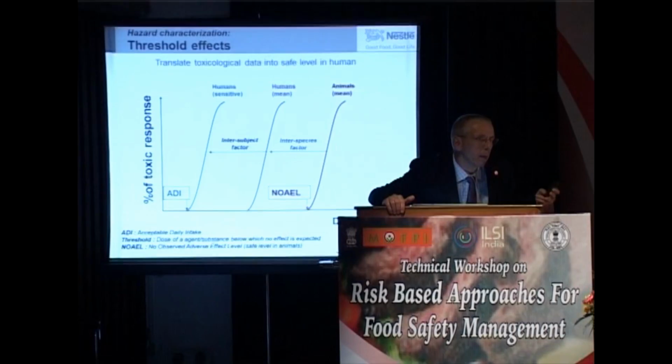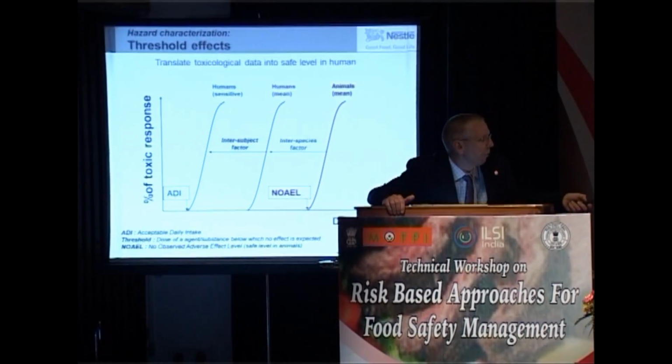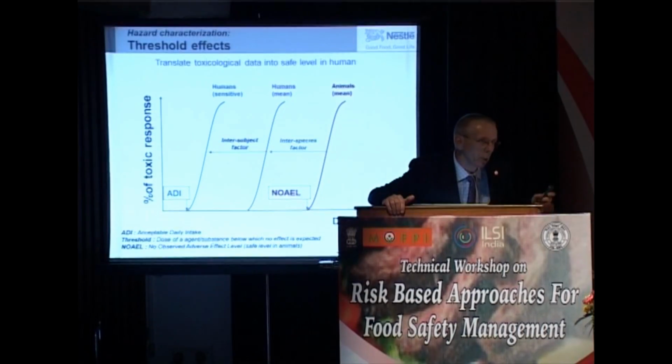But we all know that there are probably differences in humans. It's not necessarily known, but we expect children would be more susceptible, or pregnant women, or elderly. So we add another factor here to deal with the inter-individual variability within the human population. By using these factors, we get an ADI, the acceptable daily intake, which is a safe level of exposure in human.